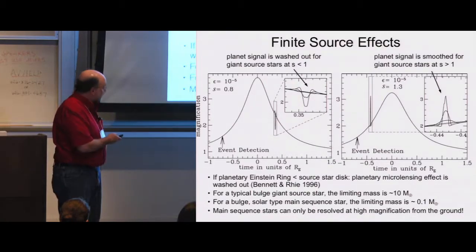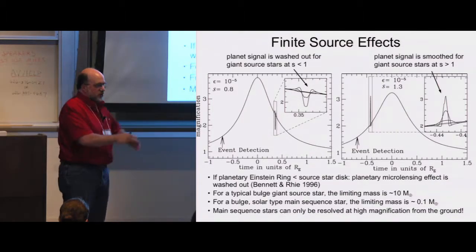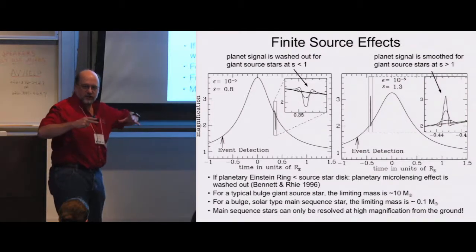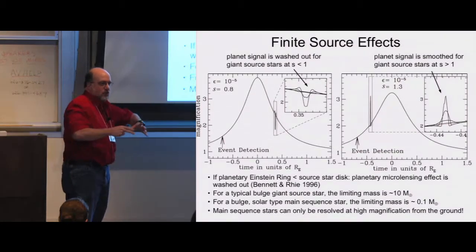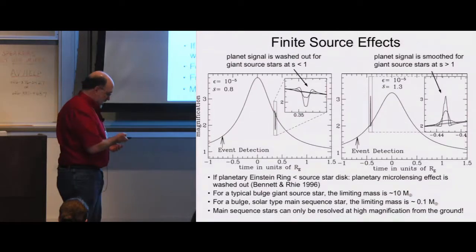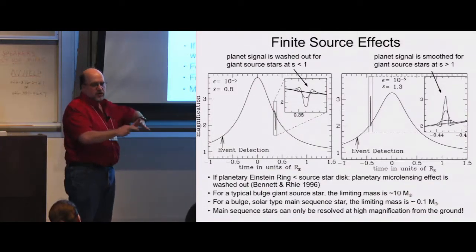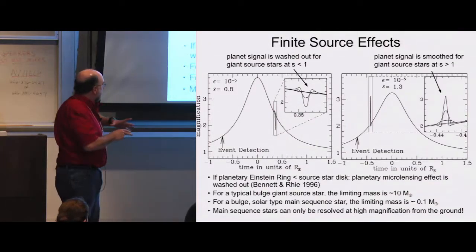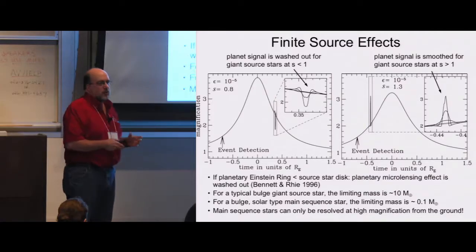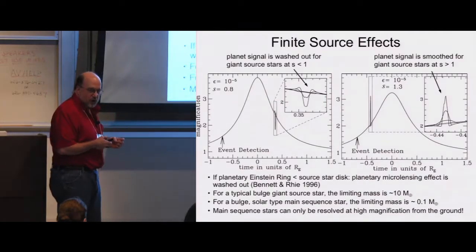Whereas in this case, where you have the major image perturbation, the large source just spreads out the deviation over a larger area. So the size of the deviation drops because the source spreads it out over a larger area, but the deviation doesn't go away.